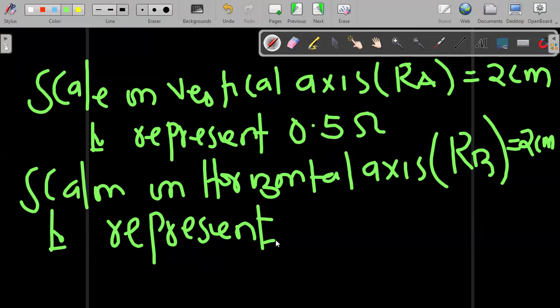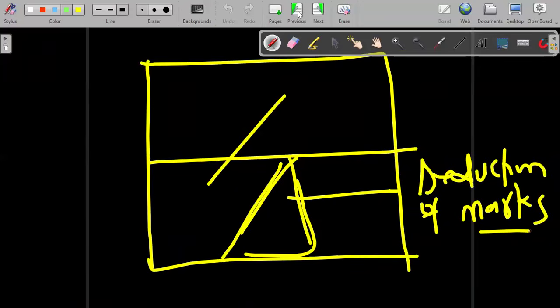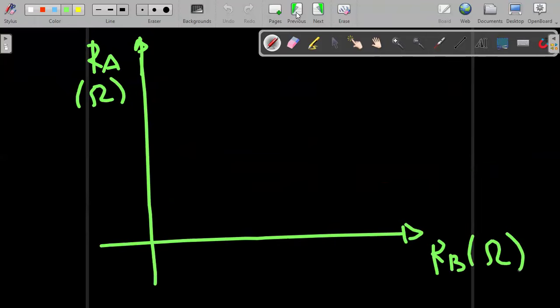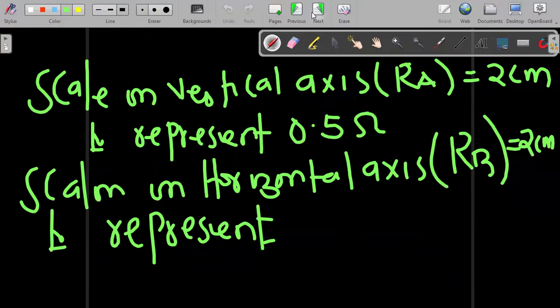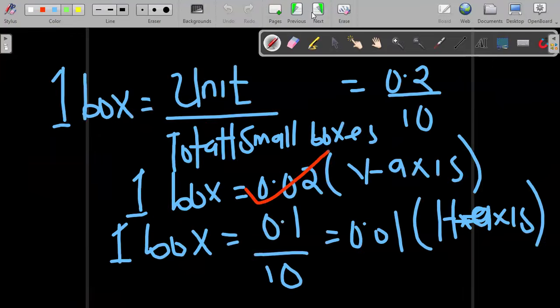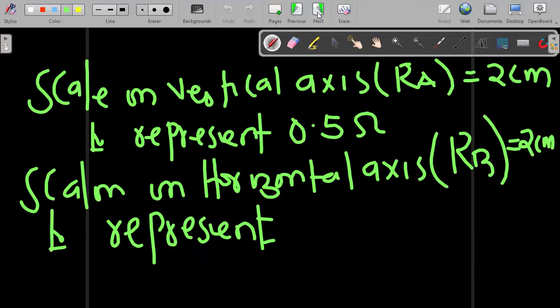Let's check the highest value and the lowest value. The highest value here, let's take it as 9. The lowest value, let's take it as 6. So what unit can you use here on the arrow B? What unit can you use on the arrow B?